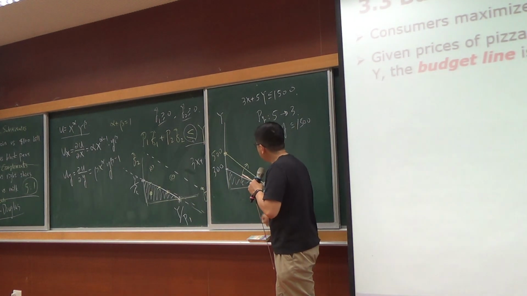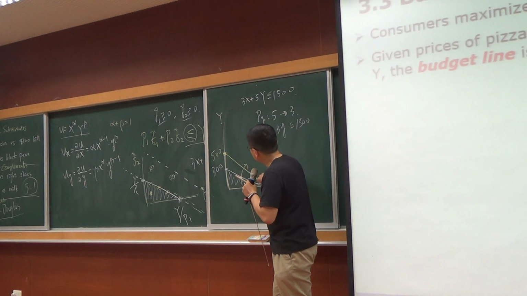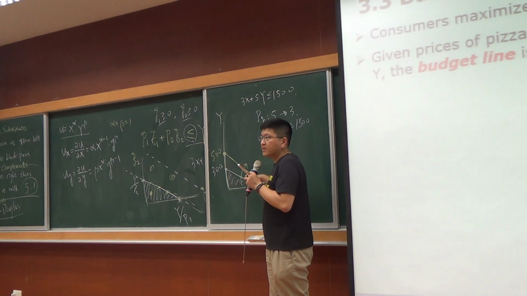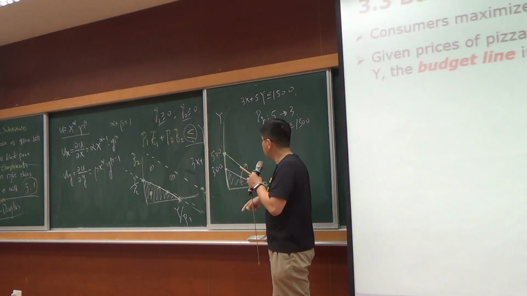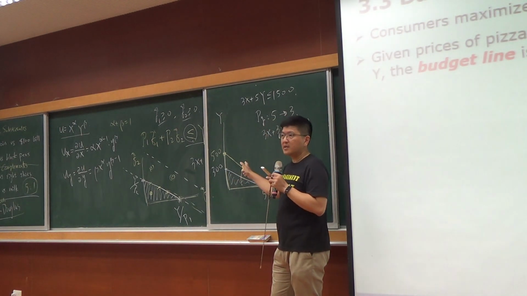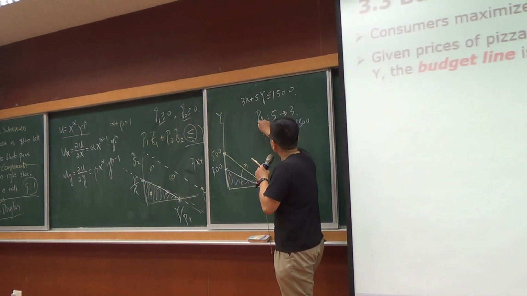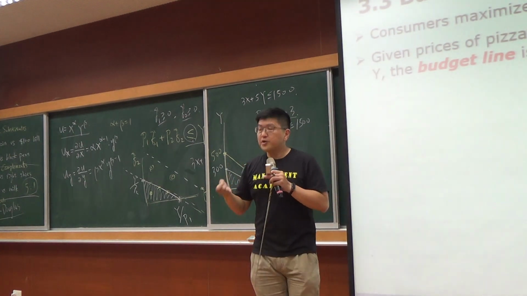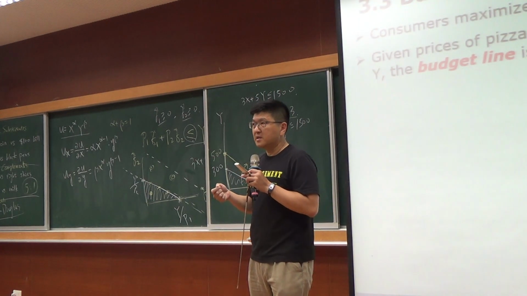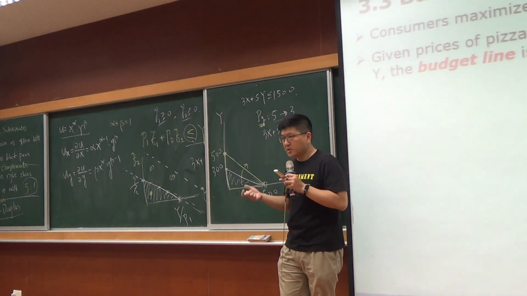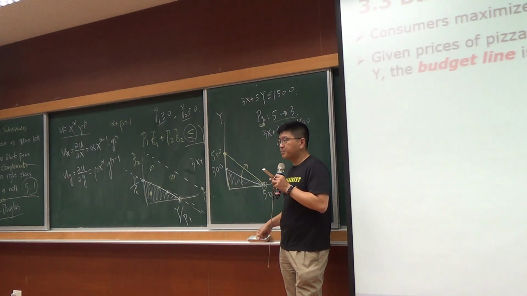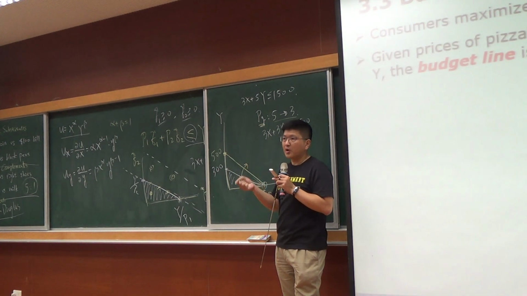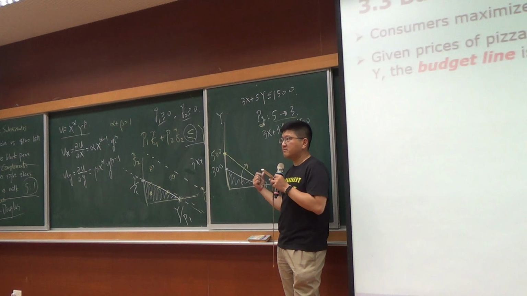And the budget set, the area of consumptions you can afford, becomes larger, right? So when the price becomes cheaper, your purchasing power goes up, whenever the price of goods goes down.